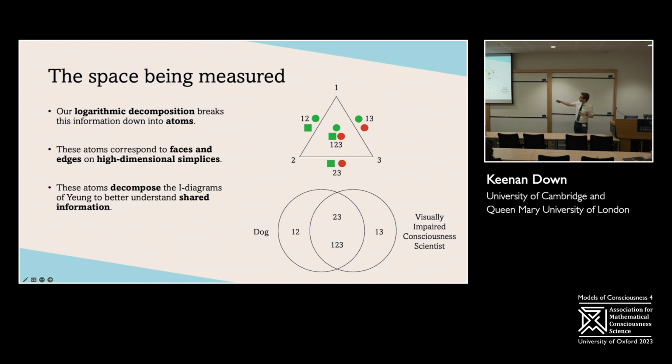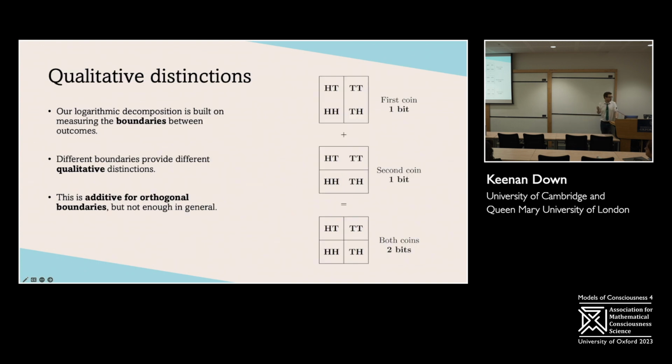So the 1, 2 atom corresponds to the ability to discern between object 1 and object 2, 1, 3 discerning between object 1 and object 3, and the 1, 2, 3 the ability to discern anything between those three. So you can see that the dog has access to the 1, 2 atom, I have the 1, 3, and we now share the 2, 3 and the 1, 2, 3 atom. So actually now we've got some things inside of our Venn diagram. We have pieces of information that the dog and I are sharing.